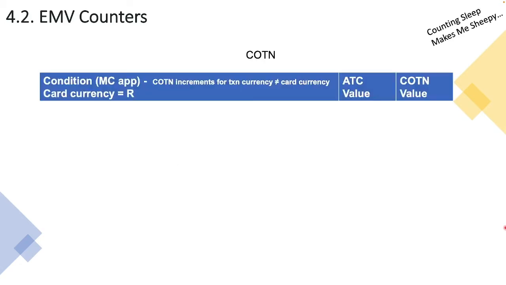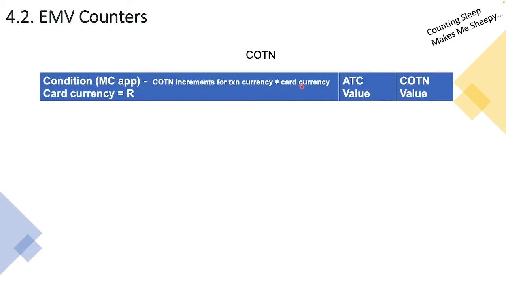So let's have a look at a particular example. The condition we need to understand for Bob's card is that firstly it's a MasterCard application in the card, and the rule for this particular version of the standard says that COTN may only increment for transactions where the transaction currency is not equal to the card currency.